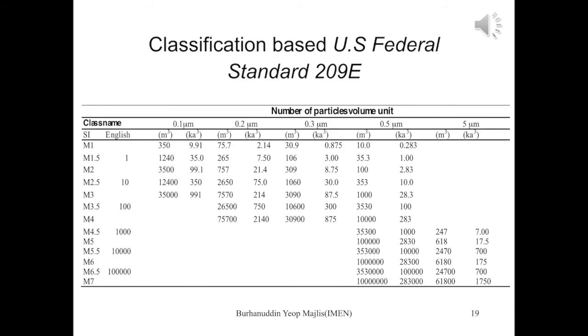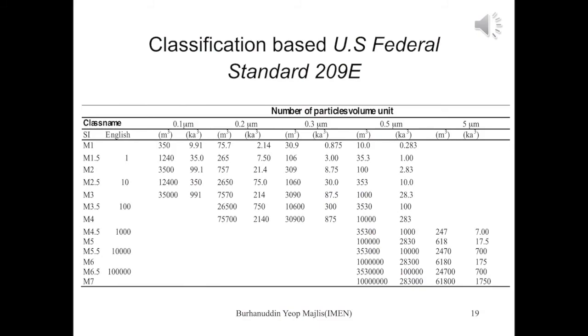This slide just wants to show you the comparison classification based on US Federal Standard 209E. As you can see, we have the class name in SI unit and also in English unit, and the number of particles and the particle size. You can refer to 0.5 micron particle size and see M1, how many?